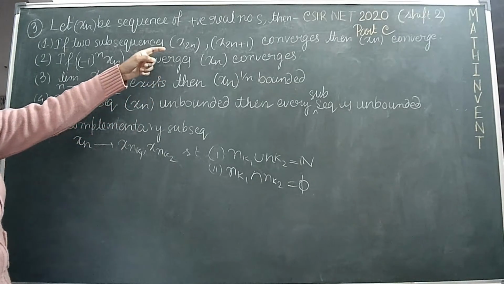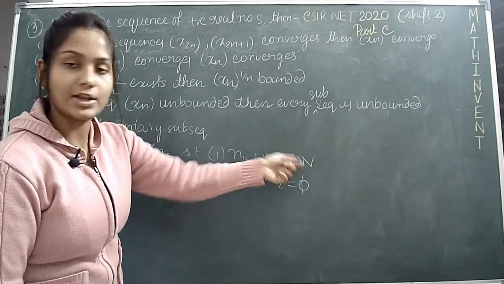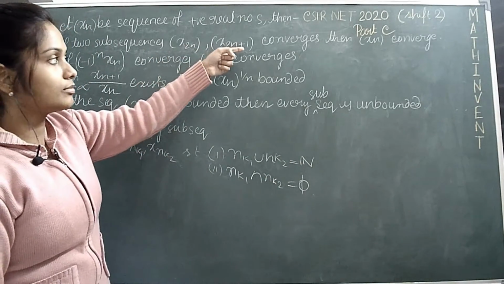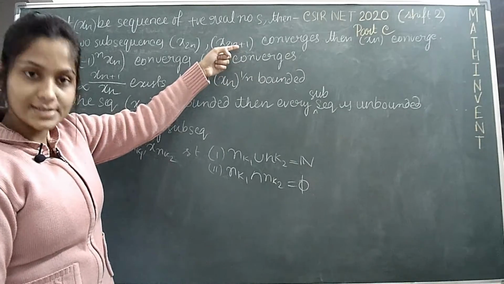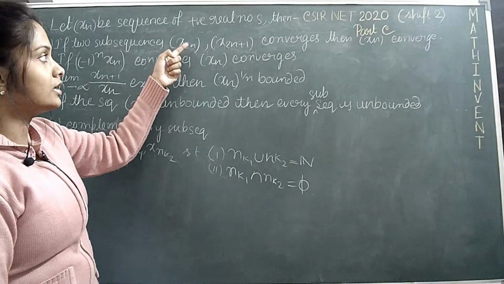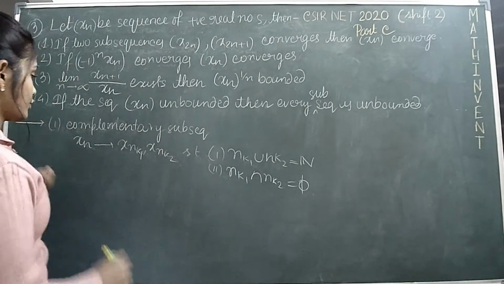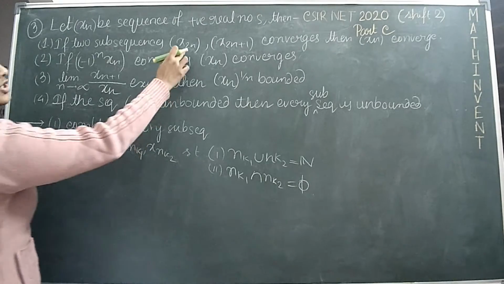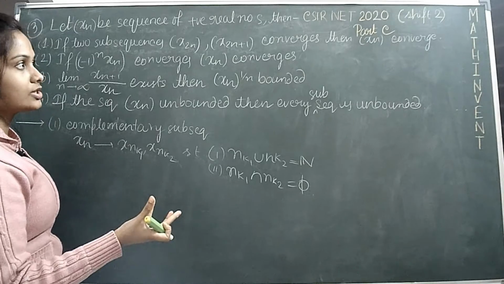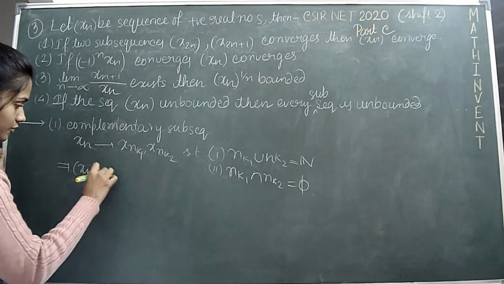So here we have the same condition. Here 2n and 2n plus 1 give the whole natural numbers, and 2n intersection 2n plus 1 is empty, since these are the even numbers and these are the odd numbers. So these two converging implies every complementary subsequence converges, so xn will converge.